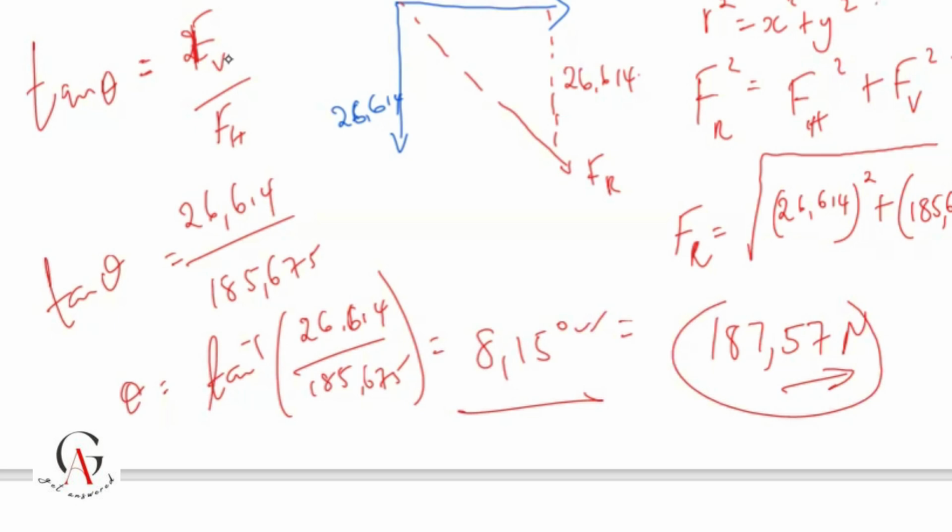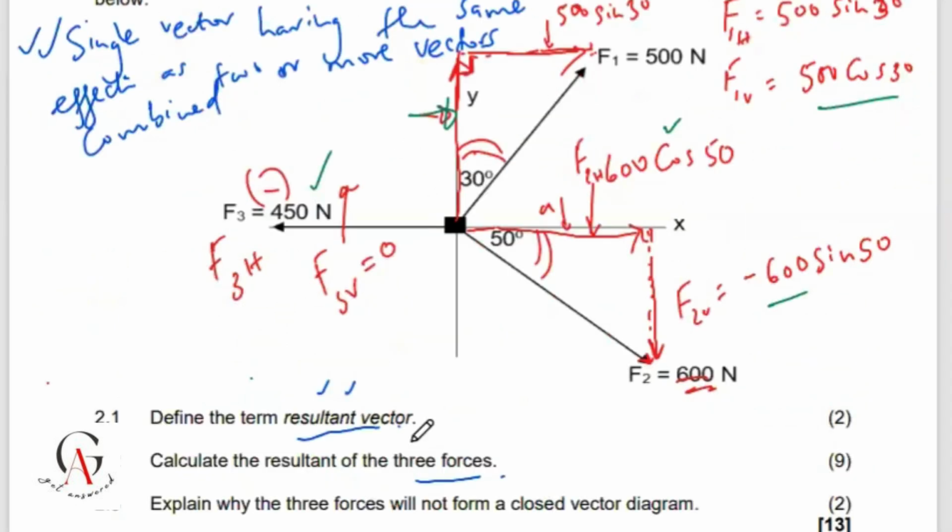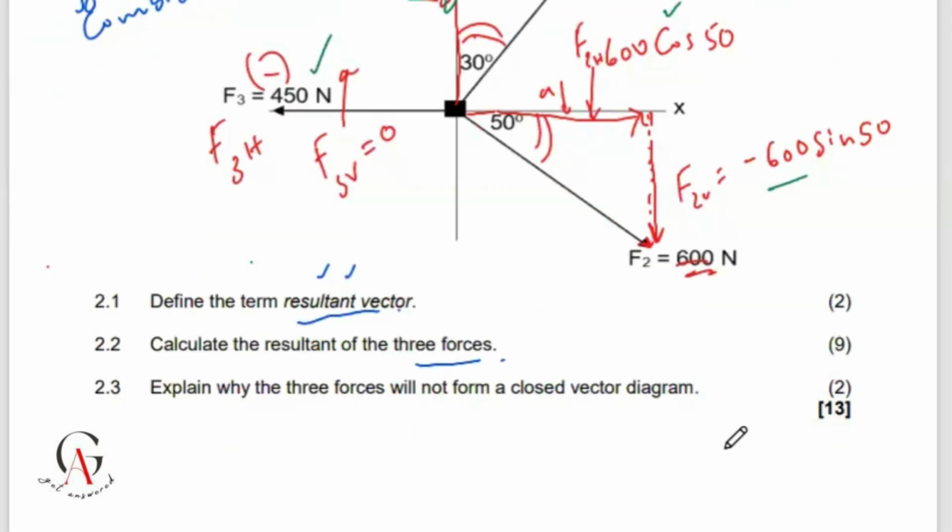So that is how we would have obtained those 9 marks. Okay, so start by resolving into the horizontal as well as the vertical. And then after doing that, we can play around with whatever is left.